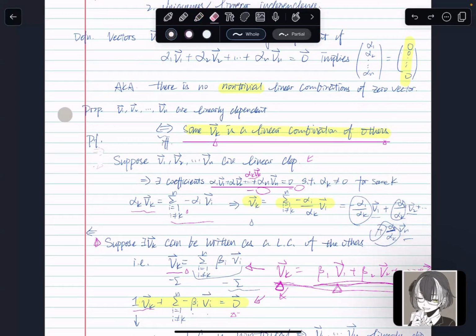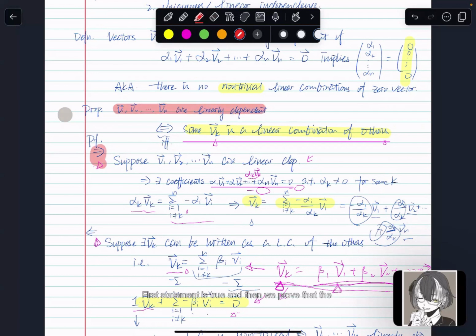To prove the first direction, we assume the first statement is true, and then we prove that the second statement has to be true based on the first. So we suppose V1 through Vn are linearly dependent. Right?